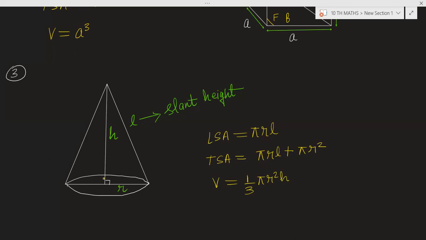And in this case, this is a right circular cone. What is the meaning of the right circular cone? Height of the cone must be perpendicular to the radius of the cone.